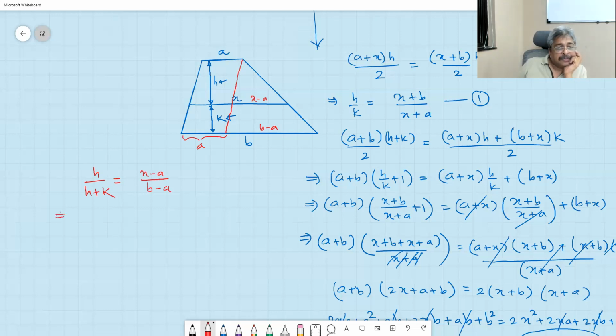And then we minus 1 from both sides. How do you get rid of this h of h and k? Sir, we first take the reciprocal of this. Okay. Then we minus 1.